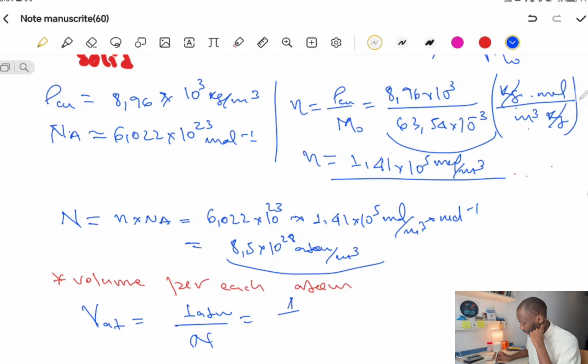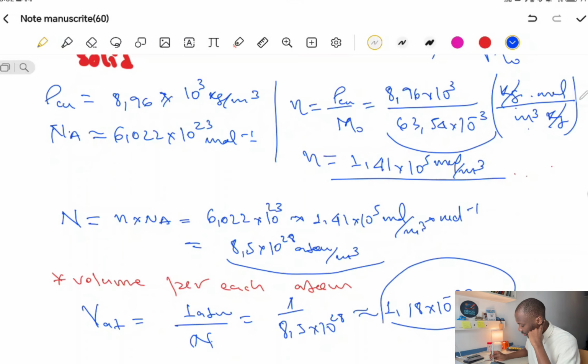Then it should give us a number equivalent to this, 10 to the power of 28, and this is approximately 118 times 10 to the power of minus 30 cubic meters. That means that the atomic volume, or one atom, occupies a volume of this number, 118 times 10 to the power of minus 30 cubic meters.